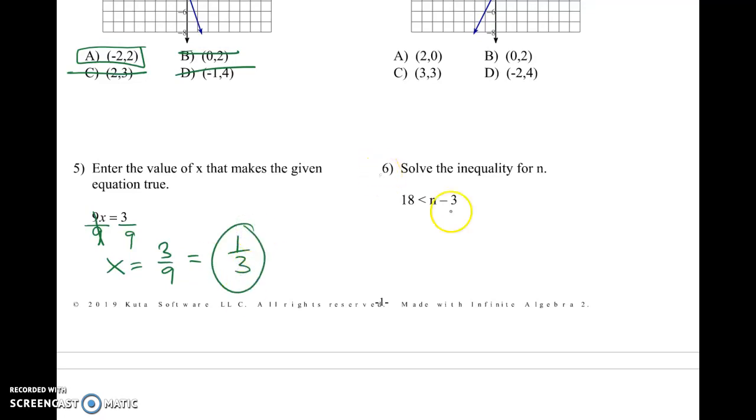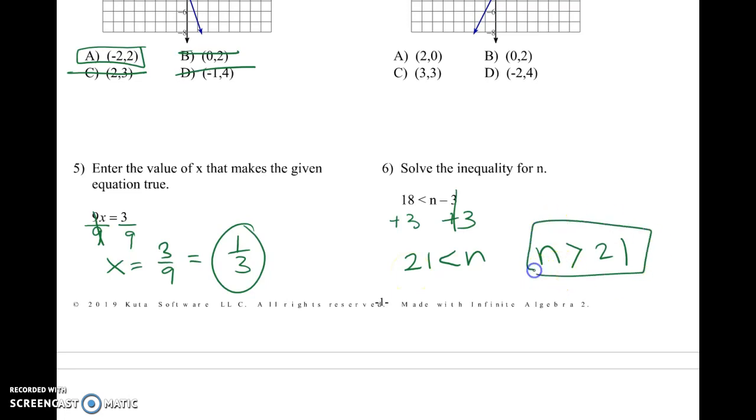For number 6, solve the inequality for n. So I would add 3, and I would get 21 is less than n, or n is greater than 21. Remember, when you move the n to the other side, you've got to flip your whole thing, including your inequality.